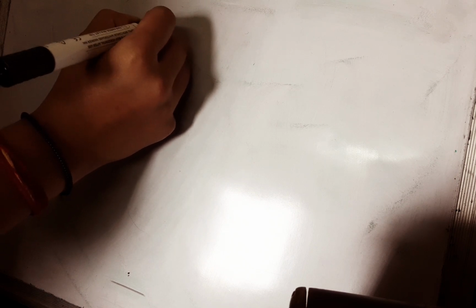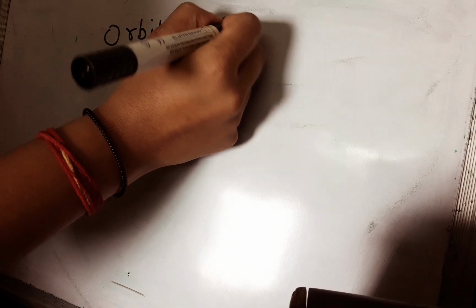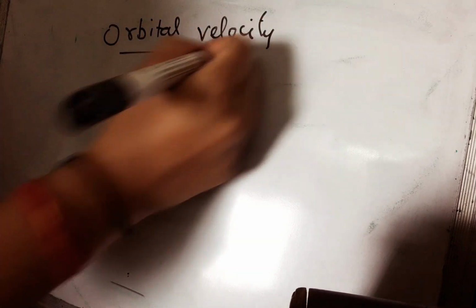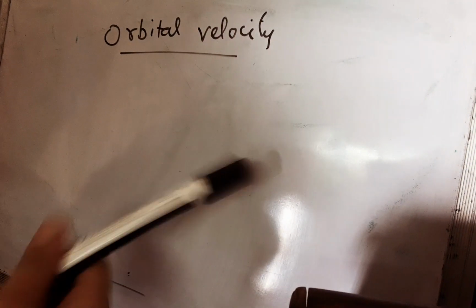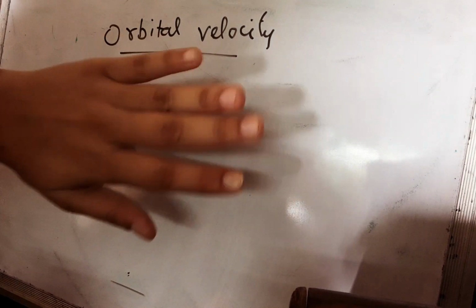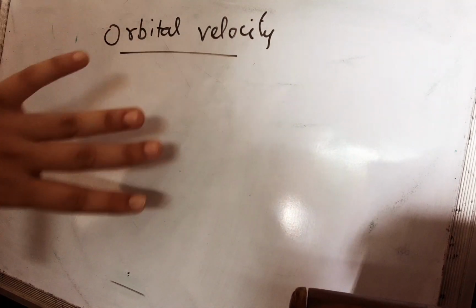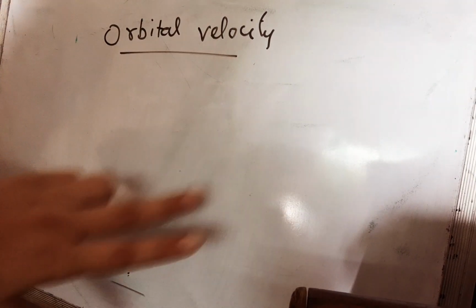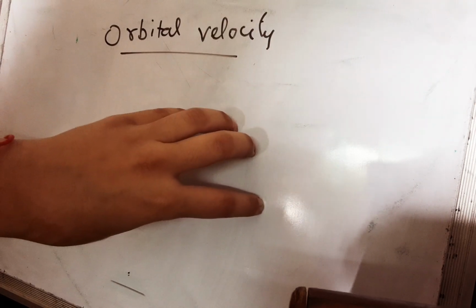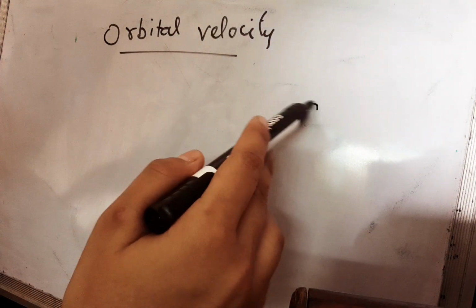Okay, so coming to the second topic of today's class, that is orbital velocity. Orbital speed or orbital velocity. By definition, orbital velocity is the velocity required for a body to revolve in an orbit around a planetary body. For example, this was your earth.